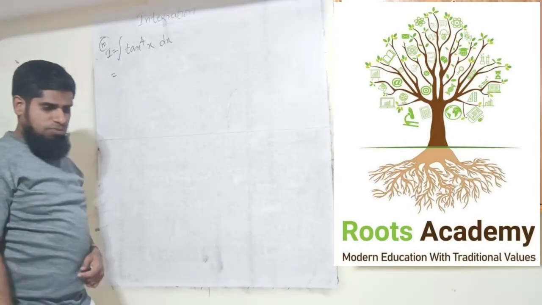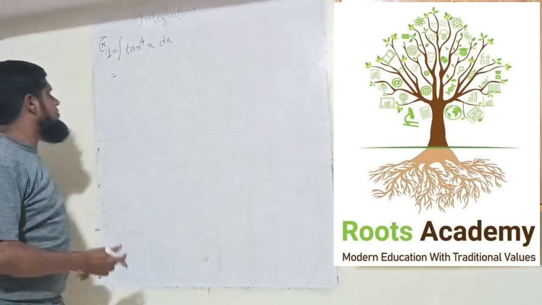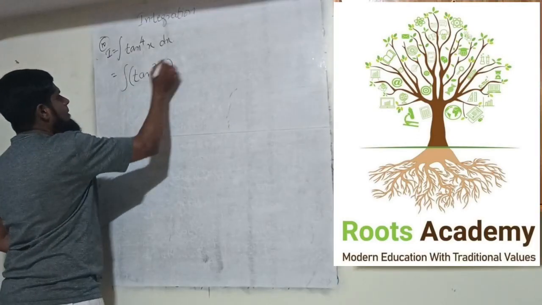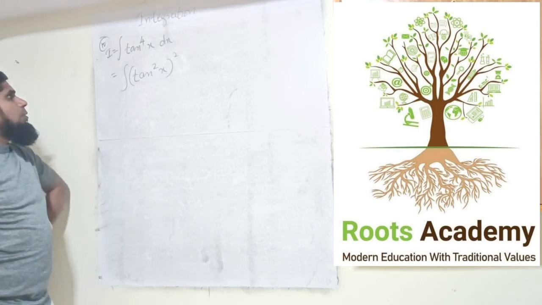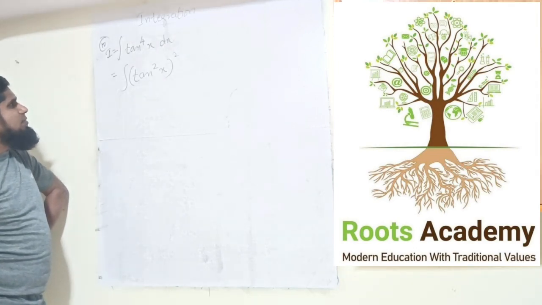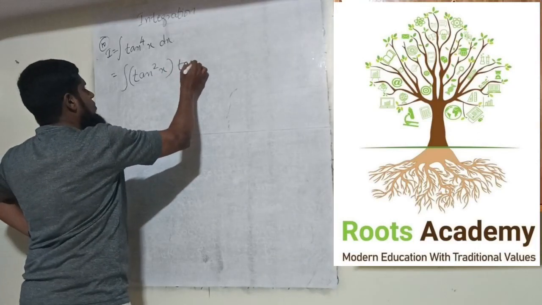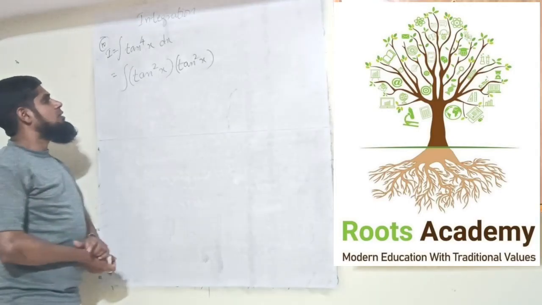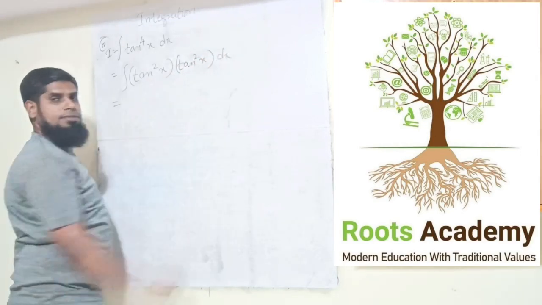Here tan power 4x can be written as tan square x whole square. Or we can write this as tan square x into tan square x also, with dx.